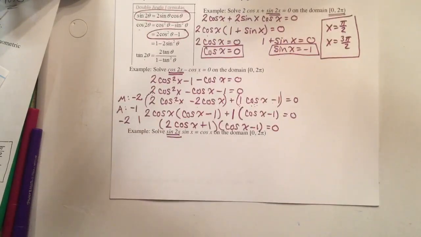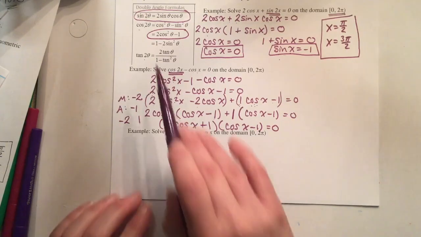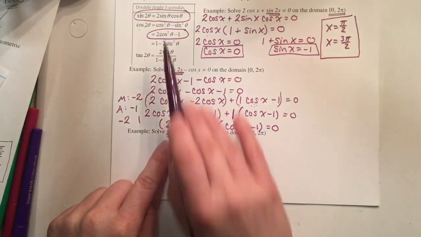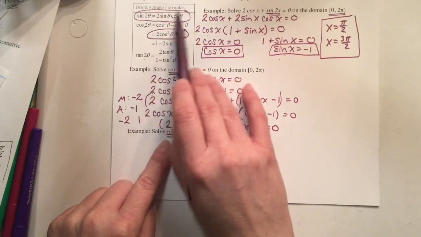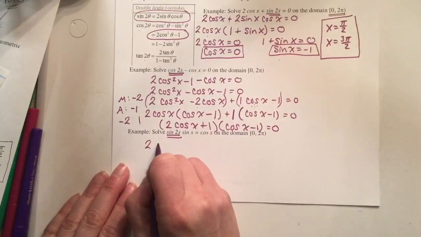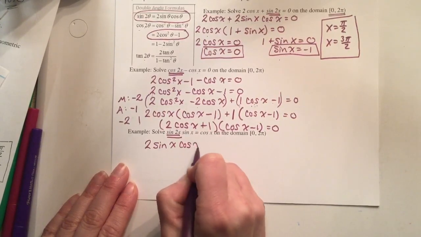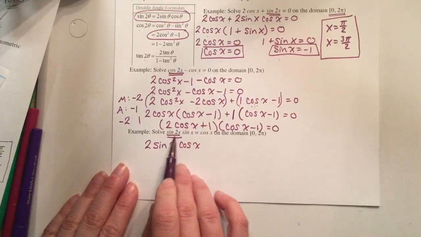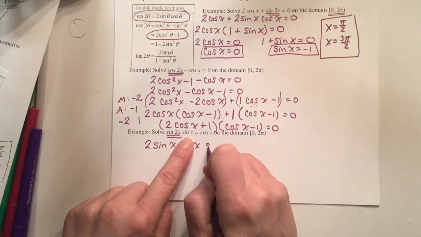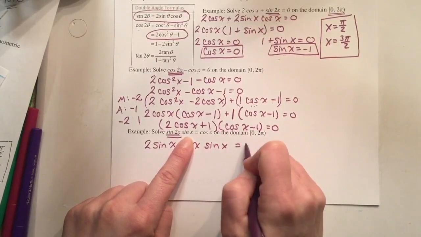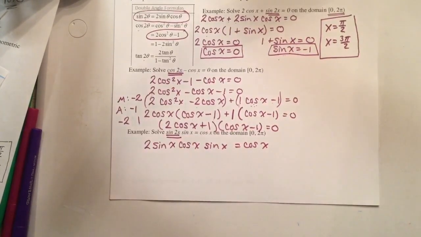And this whole section is dealing with that. So I know step 1, I have to change this into my double angle formula. So it's 2 times the sine of x times the cosine of x. That replaced the sine of 2x. I still have the sine of x, and it is still equal to the cosine of x.